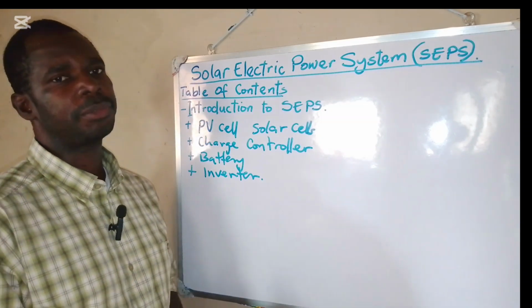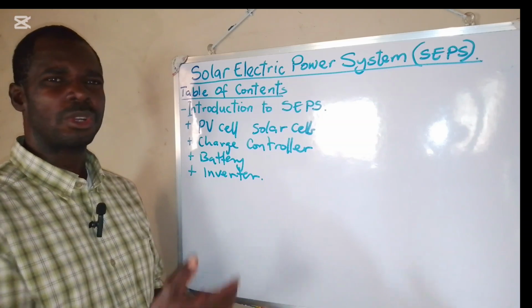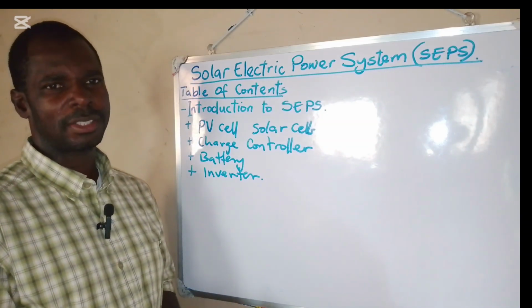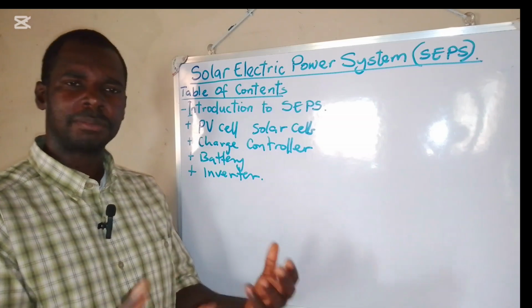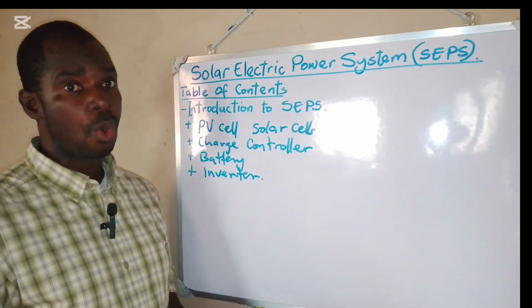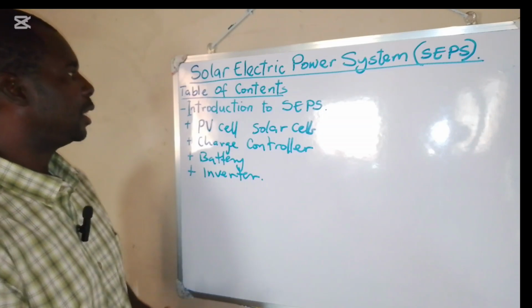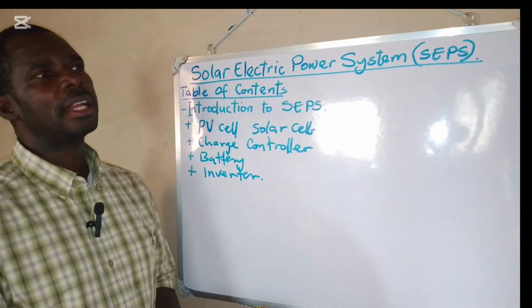In the real sense of it, a solar electric power system is actually designed to augment the existing power system, or for a situation where there's no power supply at all. These will be talked about in detail at the later part.